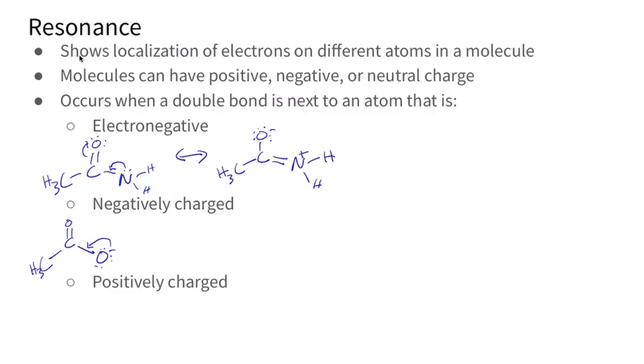I'm going to have to move them and localize them as a lone pair on this oxygen up here. So my resonance structure is actually going to look about the exact same. The only difference is I've switched the location of the double bond. So it's gone from right here to right here.